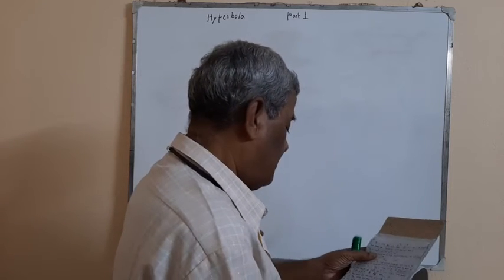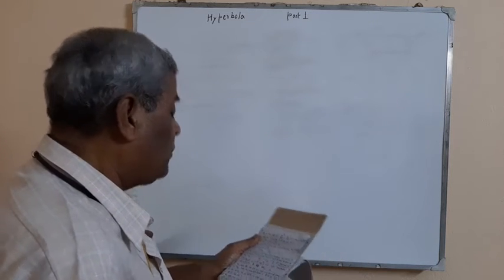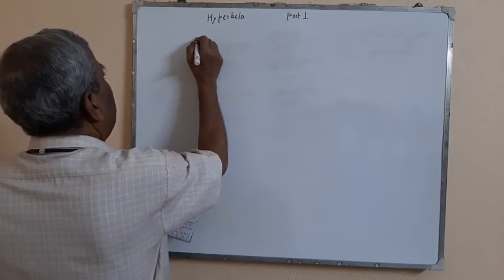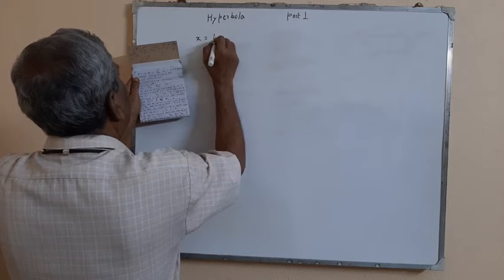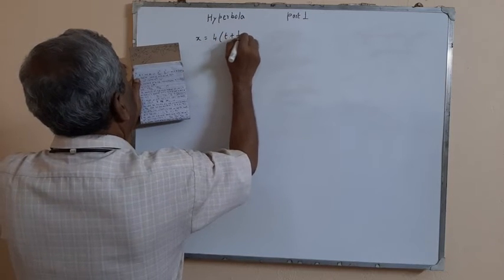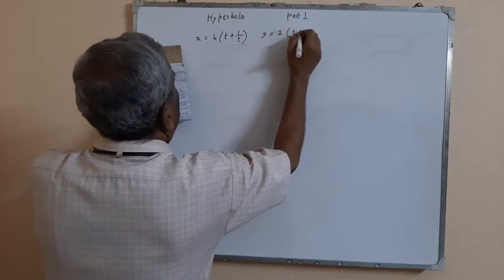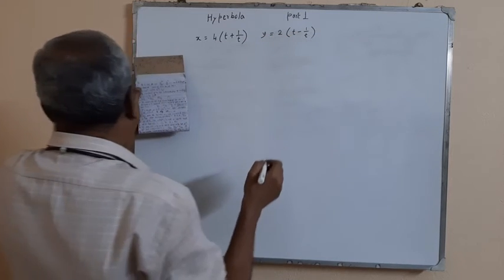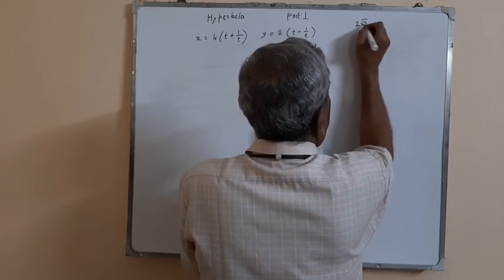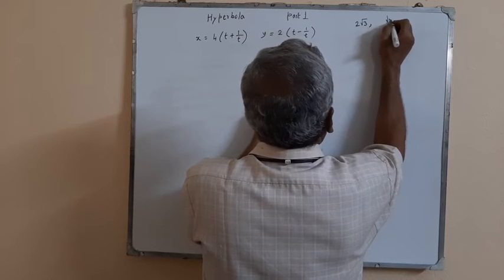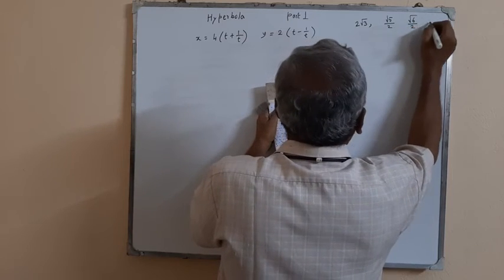First problem: the eccentricity of the hyperbola represented by x is equal to 4 into (t plus 1 by t) and y is equal to 2 into (t minus 1 by t) is, options: 2 root 3, root 5 by 2, root 6 by 2 and root 5.